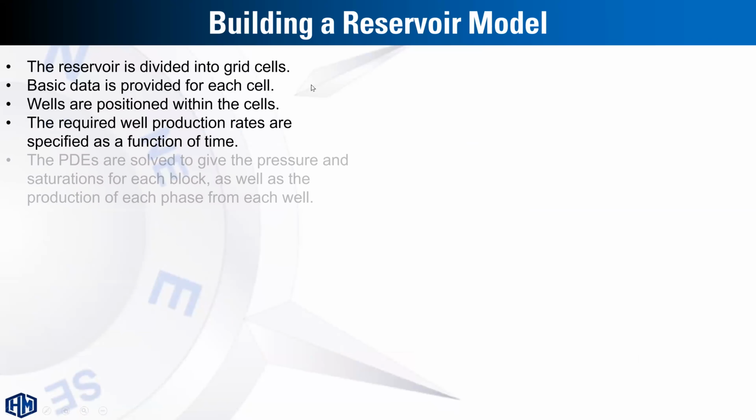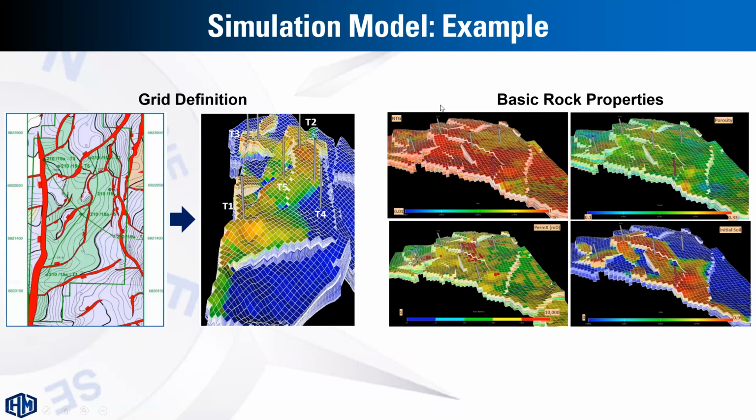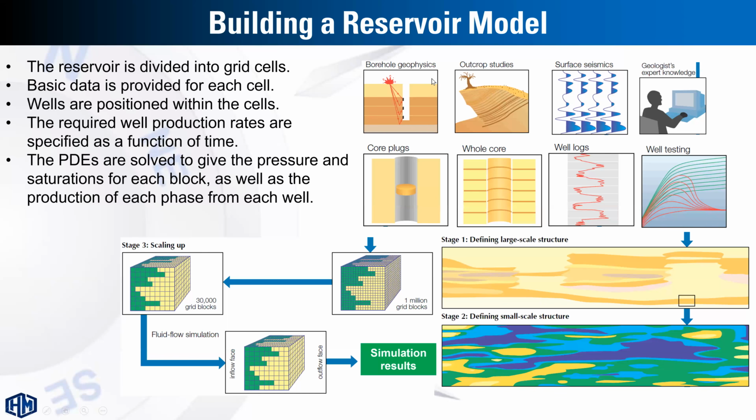So this is, as mentioned, all data must be considered from the borehole seismic or geophysical data or seismic cube, the logging data, core PVT data, and so on, to define the large scale structure and fine model, and then the coarse model, and finally get simulation results.